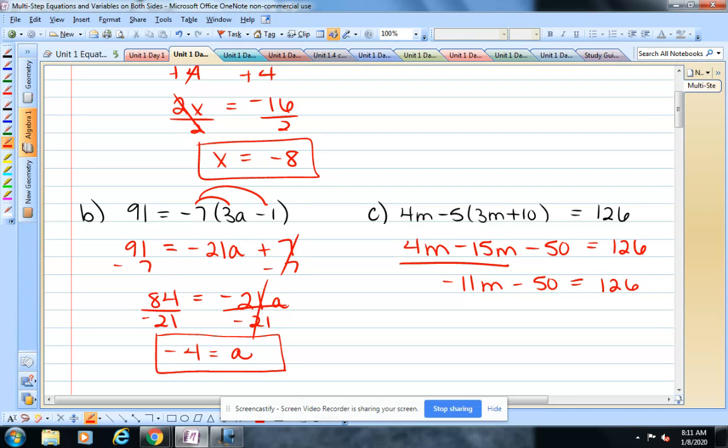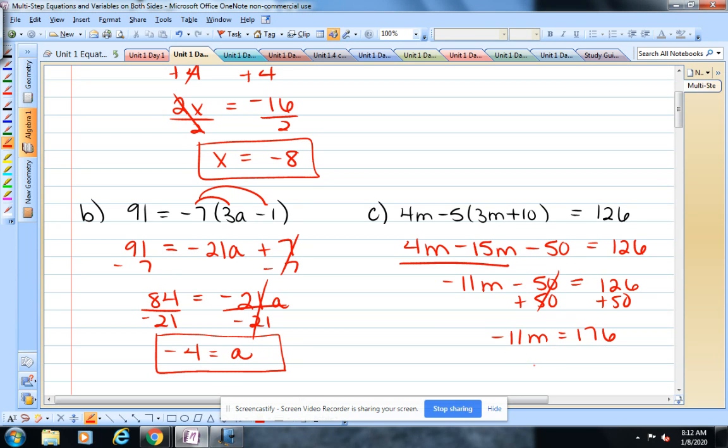All right, so now the reason I like to combine my like terms first is so I'm down to one variable. Okay? I personally like to get down to one variable first. Y'all with me? Okay. So now I'm down to one variable, I can move everything away from that variable. So now what do you think we're going to do? Add 50. So I'm getting negative 11m equals what? 176.